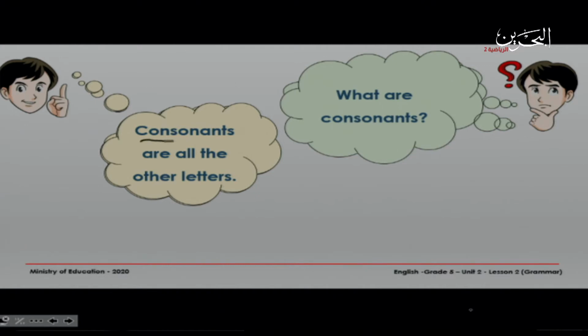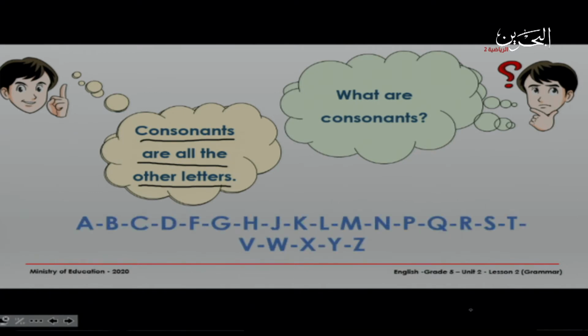Consonants are all the other letters, which are A, B, C, D, F, G, H, J, K, L, M, N, P, Q, R, S, T, V, W, X, Y, and Z.